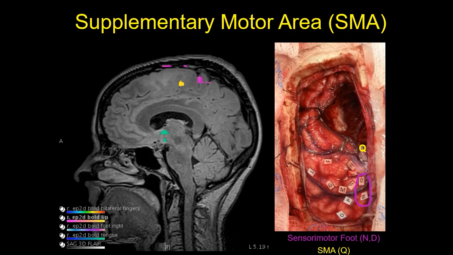This patient has a low-grade glioma within the supplementary motor area, as shown here, anterior to the paracentral lobule. On the left is an fMRI map showing primary leg sensory motor activation in purple, as well as presumed supplementary motor activation in yellow, here just anteriorly.